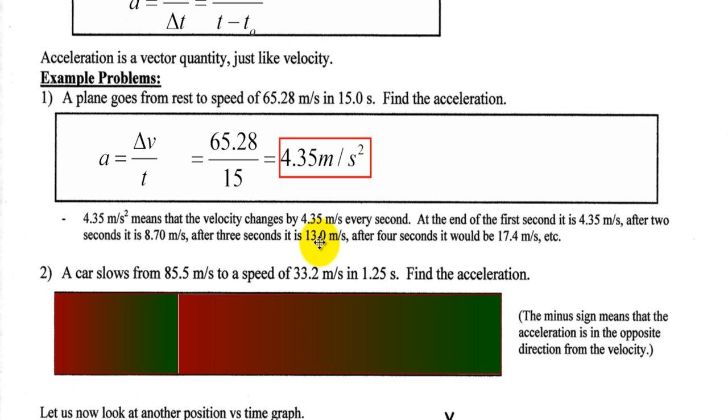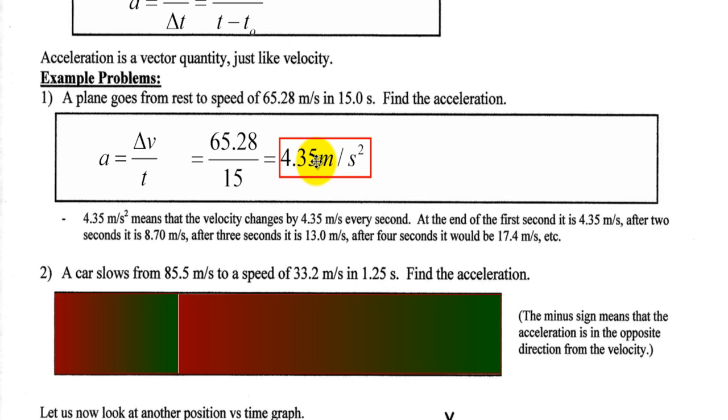Now it's important that you're careful with the signs of things. Like the 65.28 meters per second, we left that as a positive value and we were getting faster, so our acceleration also came out to be positive.